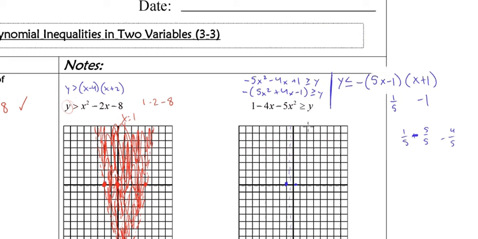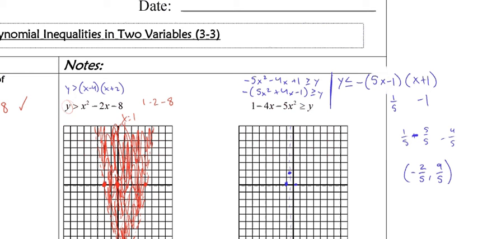Plug in negative 2/5 and work your way on through, and we end up getting a y value of 9/5. So my vertex is at negative 2/5, comma 9/5, and 9/5 is just below 2.